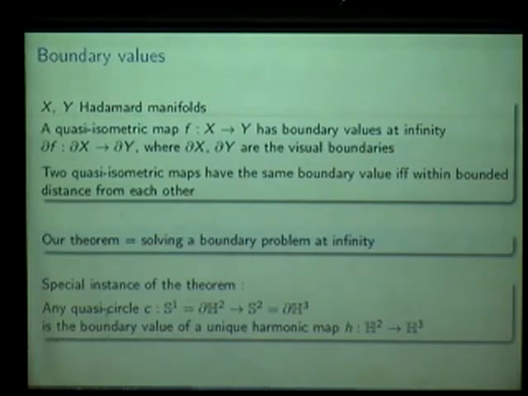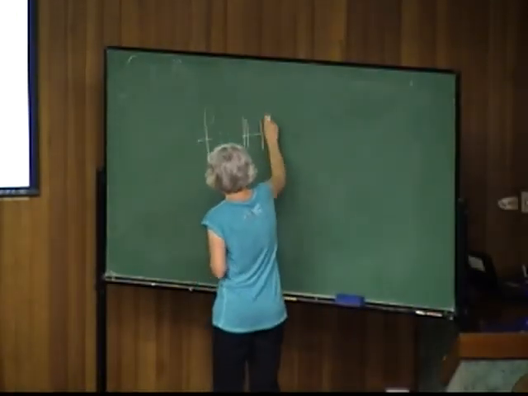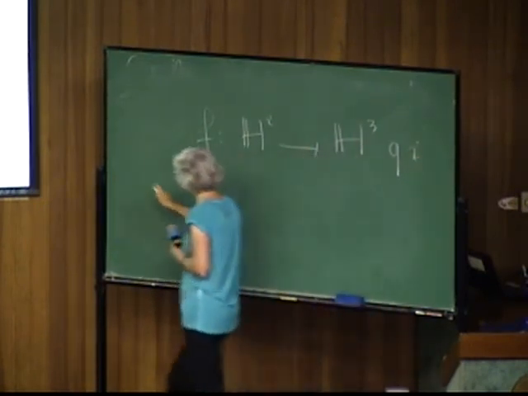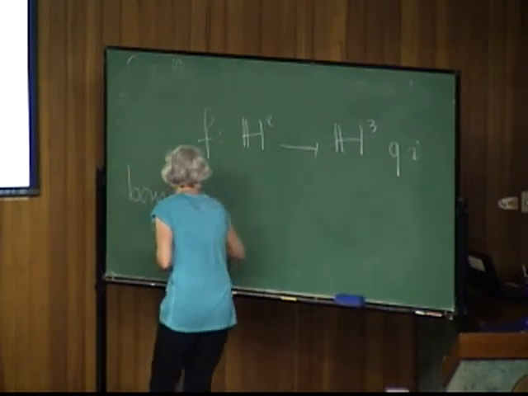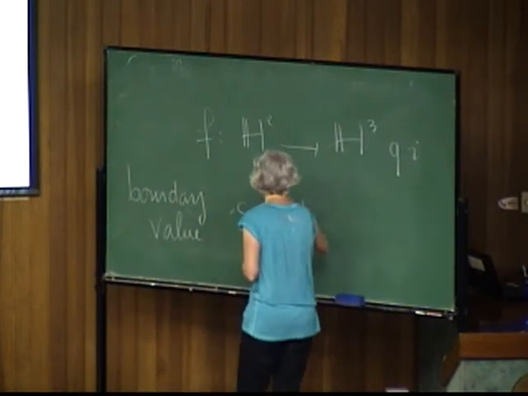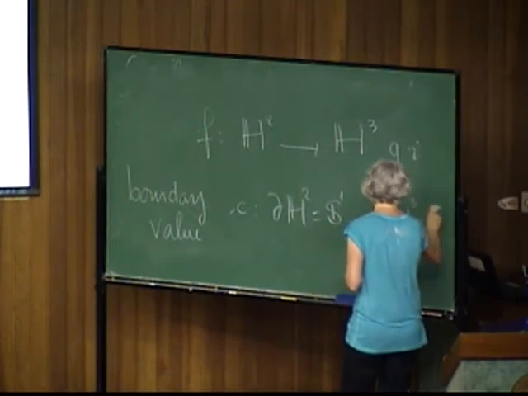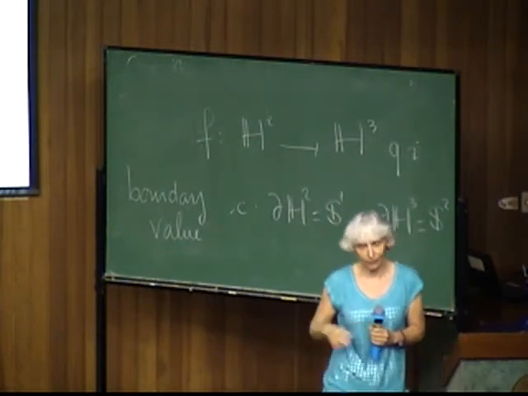I will write it down. So when F is quasi-isometric from H2 to H3, its boundary value is a map from S1 to S2, which is a quasi-circle.